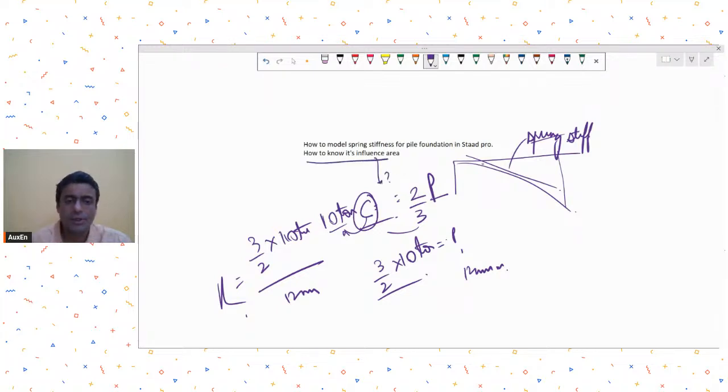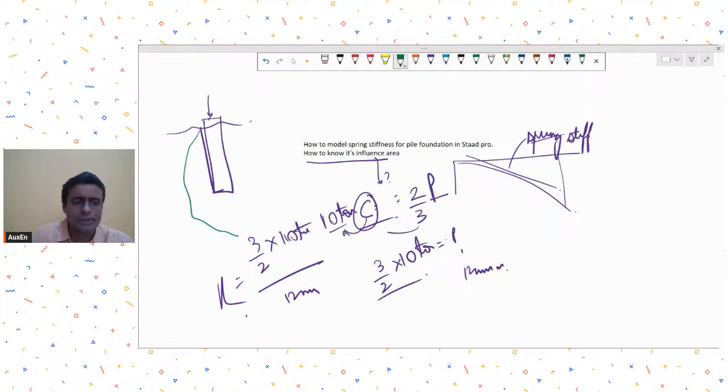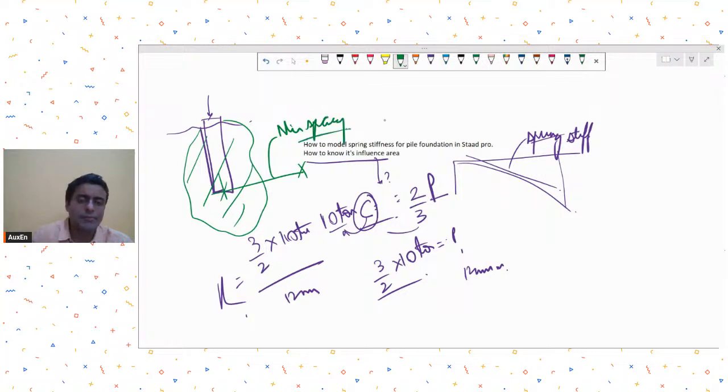Then his next question is how to know its influence area. I'm not sure what he means by influence area. Maybe he's asking influence area of pile. So that is a tricky question to answer because it depends on Boussinesq's pressure bulb theory, that what is the influence area of pile. Therefore, generally whenever we provide piles, we provide some minimum spacing between the piles. For example, if you have an underreamed pile, we provide 5 times the pile dia as the minimum spacing between two piles.